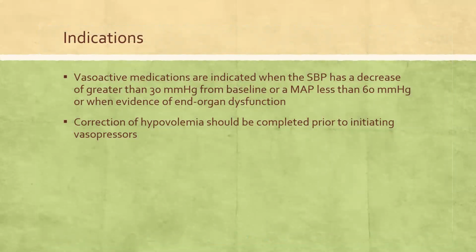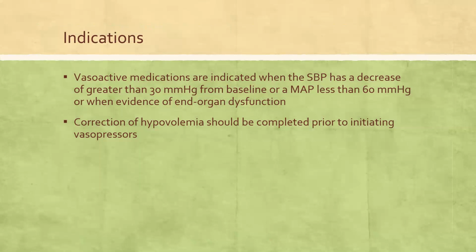Okay. So it's really important to recognize that vasoactive medications, these medications that we're giving, are indicated when the systolic blood pressure drops more than 30 millimeters of mercury from your baseline, from your usual or from what has been previously recorded for you, or a mean arterial pressure, and you remember I talked about that in another recording, that you can do a calculation for a mean arterial pressure, which is not accurate, or we put in hemodynamic monitoring and we actually measure that mean arterial pressure.